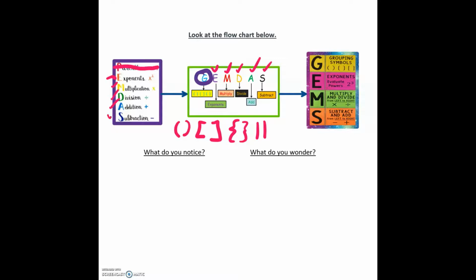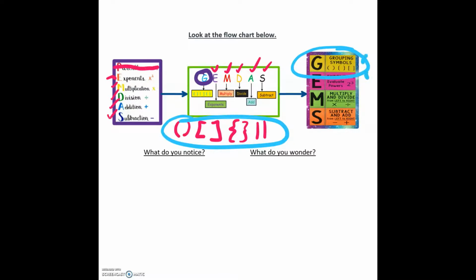And then subtraction. The reason that we are no longer going to use PEMDAS or GEMDAS is because it does lead to a little bit of confusion, and we want to clear that up right now. So we use G because we have lots of things in that grouping area. So grouping symbols, we have plenty in there.